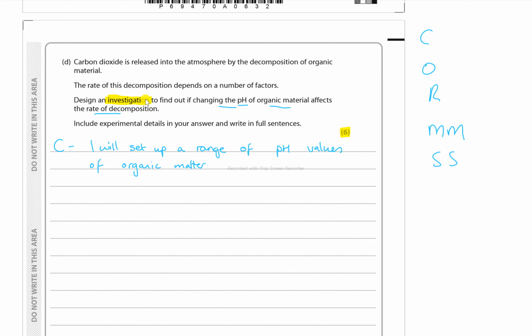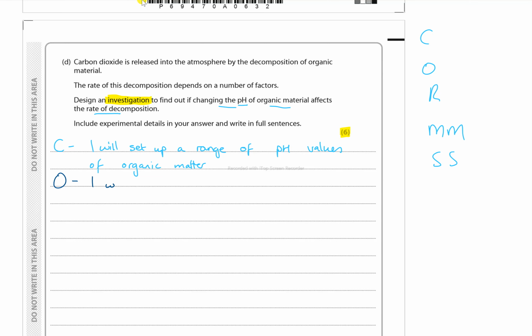What we're going to make sure is, if I use different types of organic matter, it might decay at different rates, even though I change the pH.